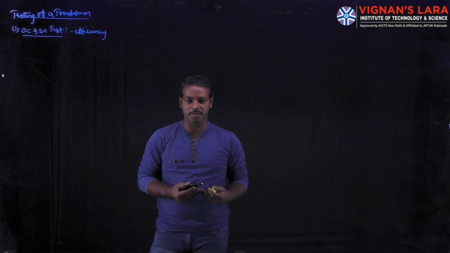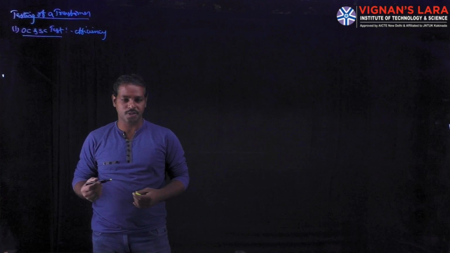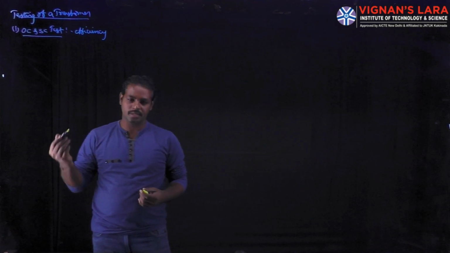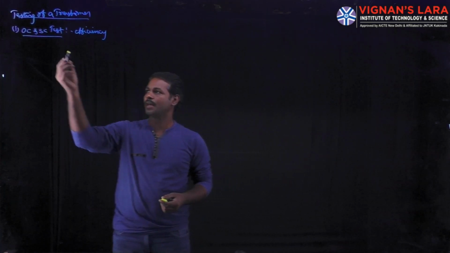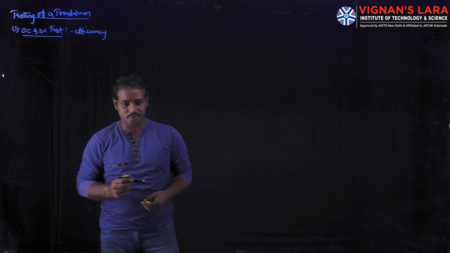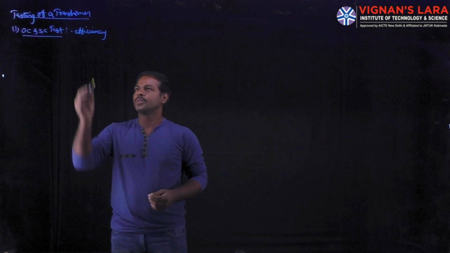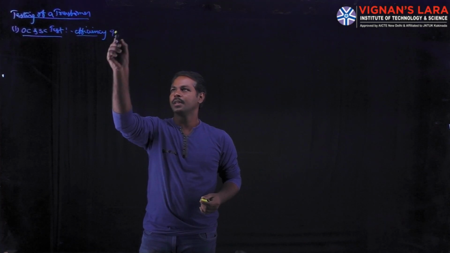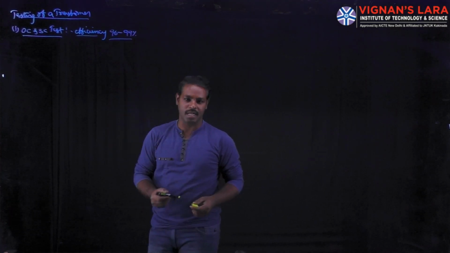In a motor or generator there are constant losses and variable losses: iron losses, mechanical losses and copper losses. But a transformer is a static device, so it has only two types of losses: one is iron losses, second one is copper losses. That's why the efficiency of a transformer varies between 96% to 99% based on the rating of the transformer.